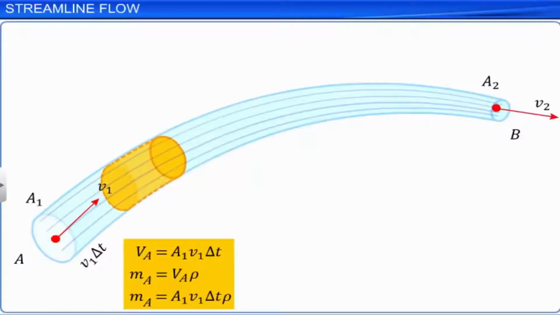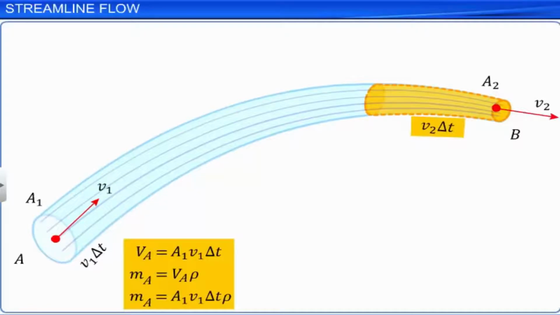Similarly, consider a small cylinder of length V2 delta t at the end B. Then, the volume of the fluid VB going out of the tube through the cross-section at B in the same time delta t is A2 V2 delta t.